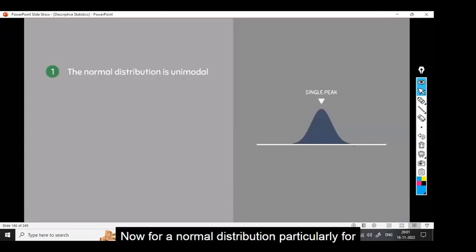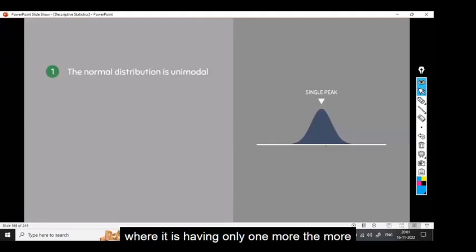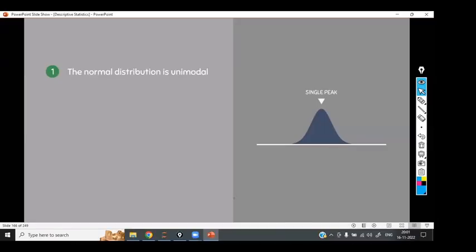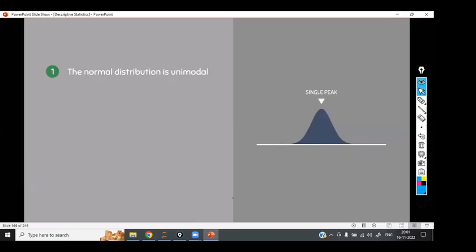Now, particularly for a normal distribution, you are going to have symmetrical distribution having only one mode. The mean, median, and mode are all the same. Mean, median, mode will be the same for the normal distribution. Already we have discussed during the symmetrical distribution and non-symmetrical distribution.